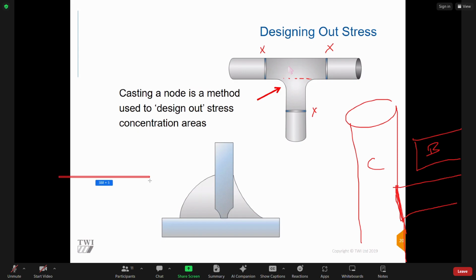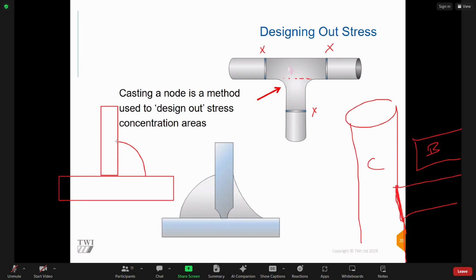So if we have a T joint, we join a T joint together with a fillet weld. Okay, so fillet weld, things like that. And the fillet weld gets its strength from what is known as its throat thickness.